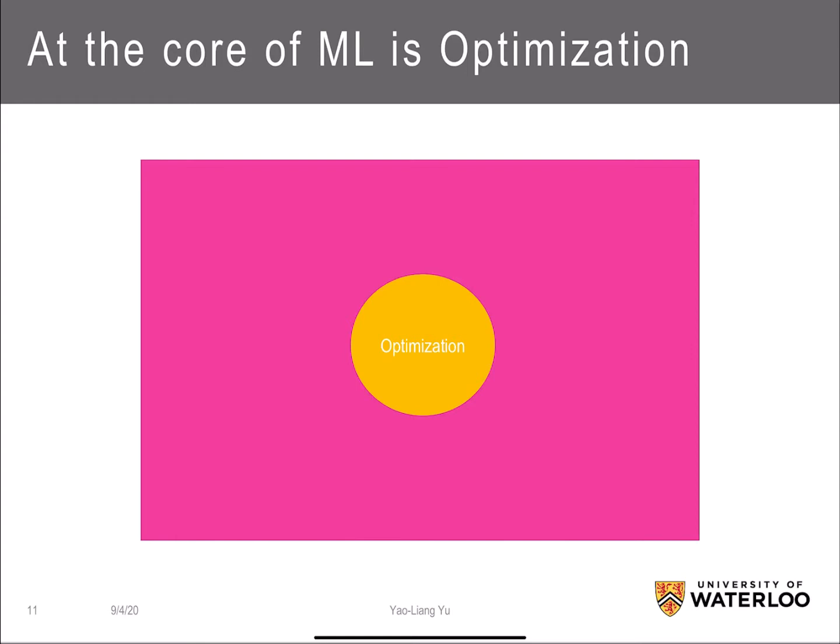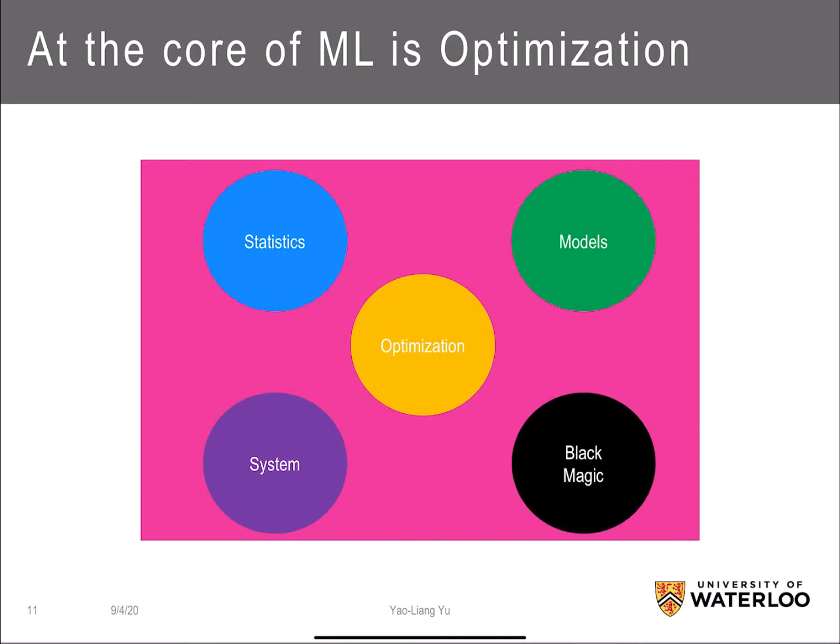Okay, and of course, machine learning has many other aspects. For instance, it involves a lot of statistics, machine learning models, right? Like in a machine learning course, you'll learn more about models in machine learning. And there's also the system side, right? If you have an algorithm, how do you actually deploy the algorithm in a real system?